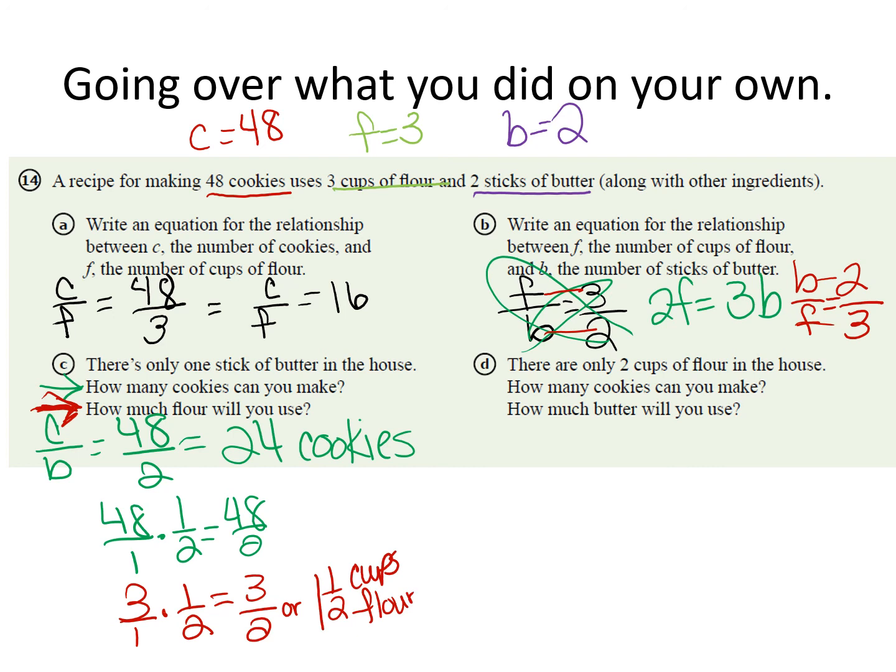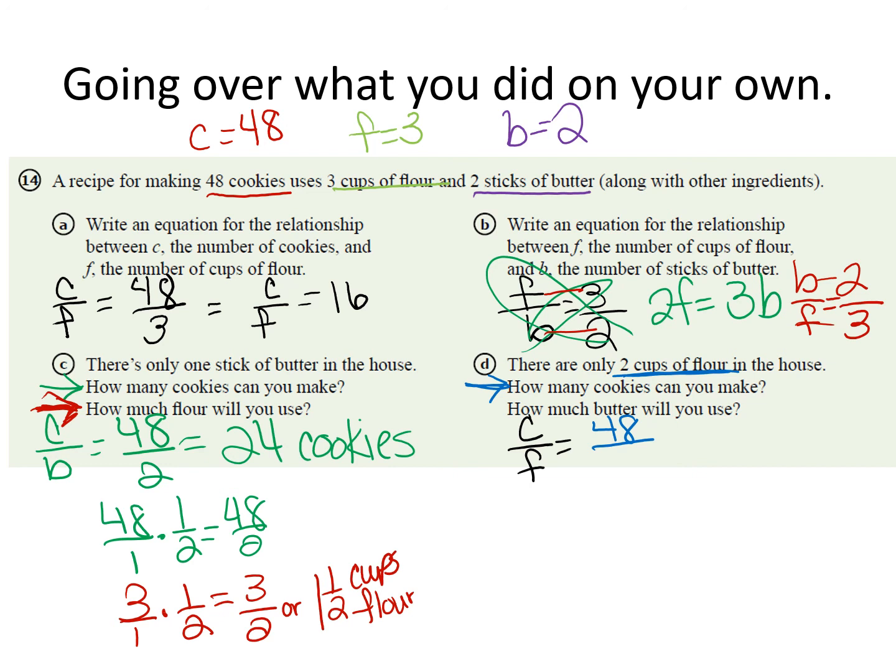Okay, let's do the same thing with our next equation over here. There are only 2 cups of flour in the house. How many cookies can you make? So it is asking for now the relationship of cookies to flour. Well, let's take a look at this first question right here. How many cookies can you make? Well, you can normally make 48 cookies. But in this case, how much flour do we have?